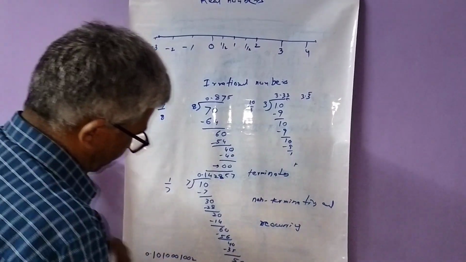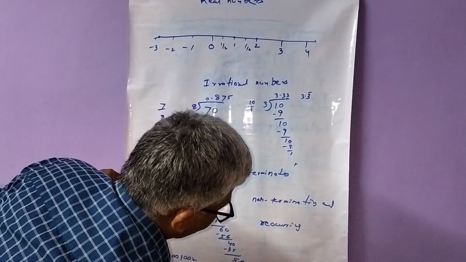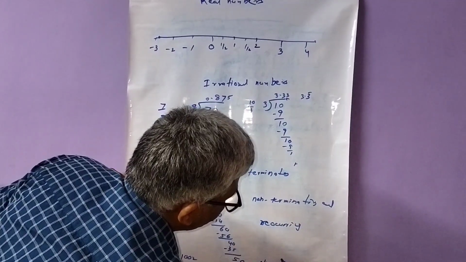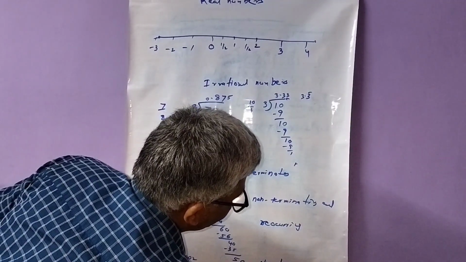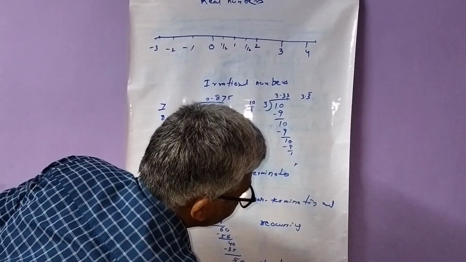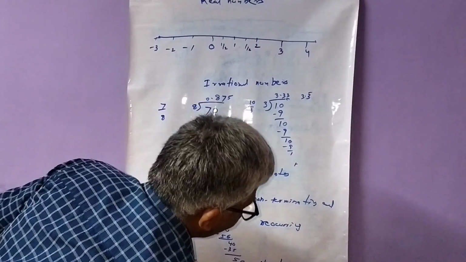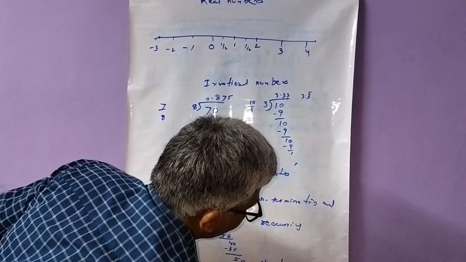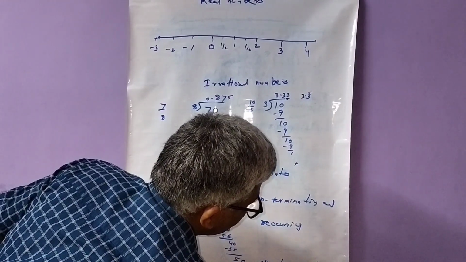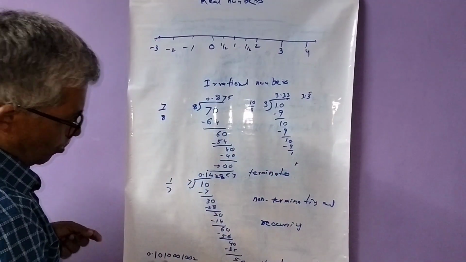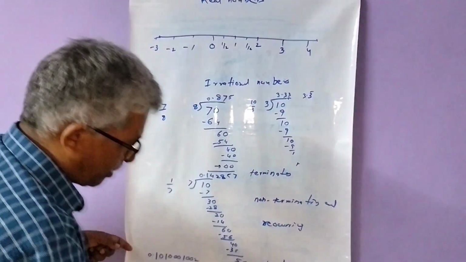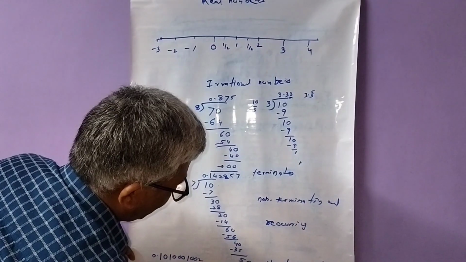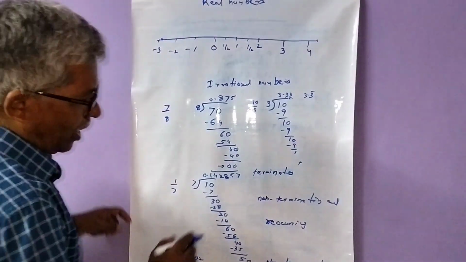Such type of numbers or decimals are called non-terminating and non-recurring.